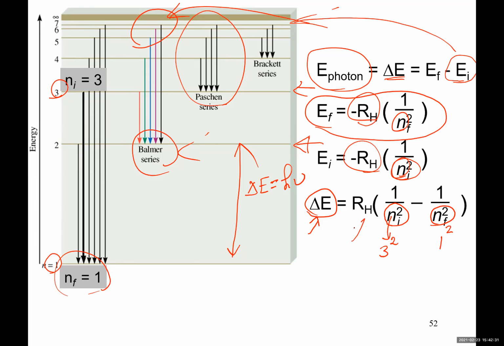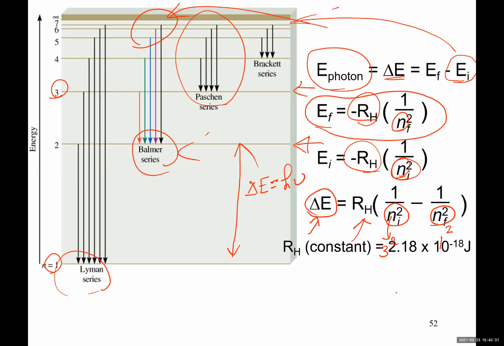And I have the value of this constant. This is the value of the constant: 2.18 times 10 to the minus 18 joule.